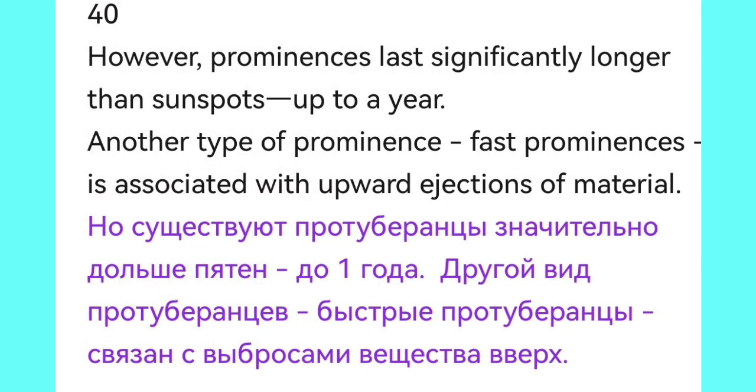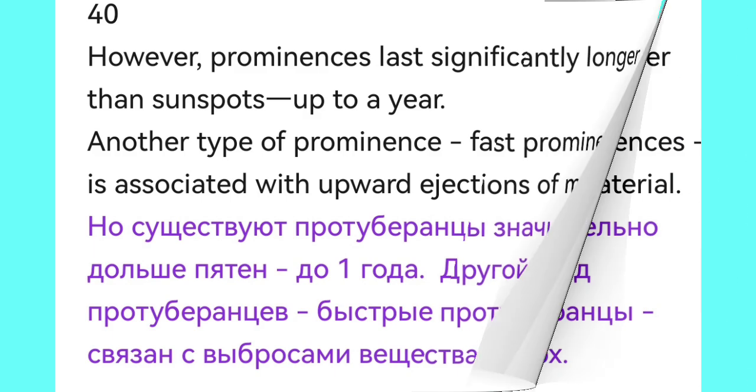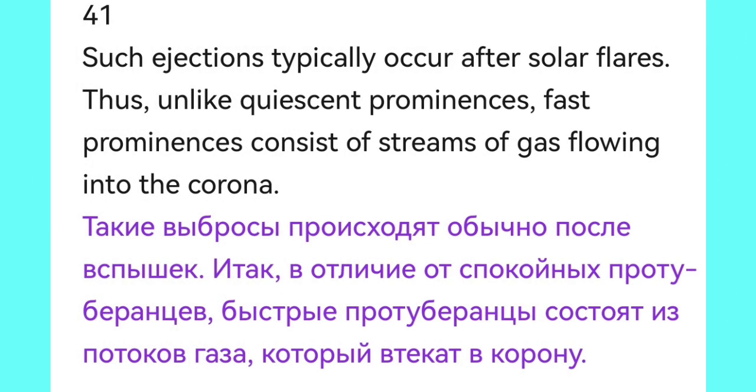However, prominences last significantly longer than sunspots, up to a year. Another type of prominence, fast prominences, is associated with upward ejections of material. Such ejections typically occur after solar flares. Thus, unlike quiescent prominences, fast prominences consist of streams of gas flowing into the corona.